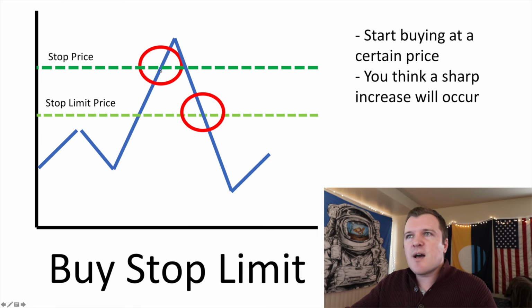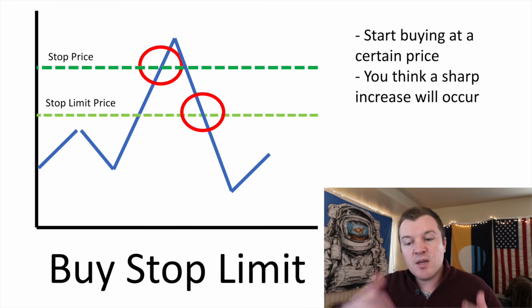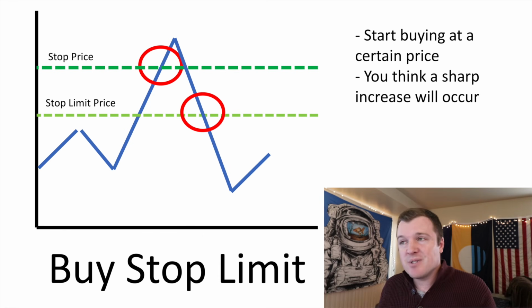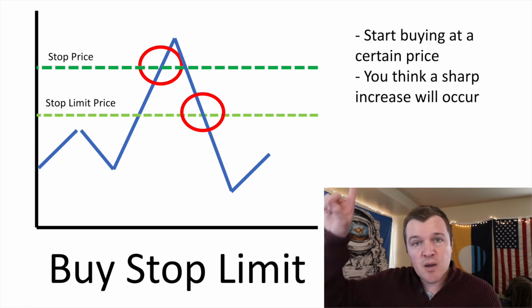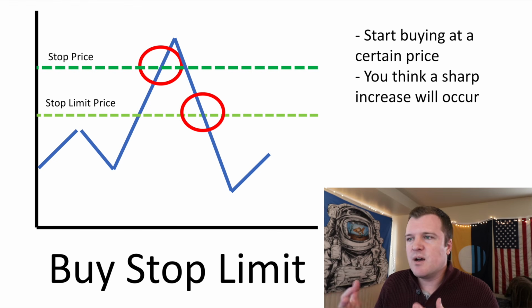It triggers your stop price, but you don't start buying until the share price goes back down and then goes below your stop limit price, let's say 105. Why you would want to do this, you think once again a sharp increase will occur, but then there will be a downtick before it then goes back up sharply. You never know. This is just once again an option for buyers.